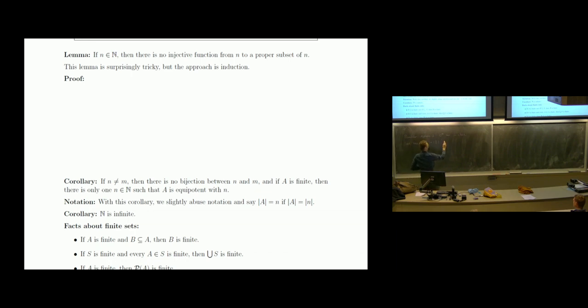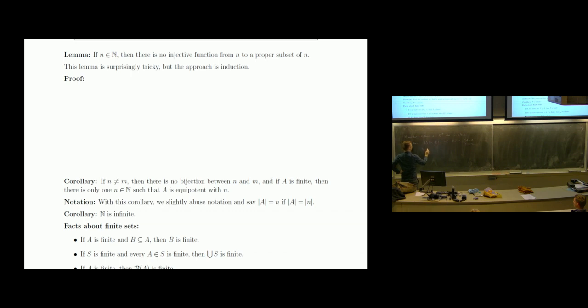And this is true if and only if there is a function from A to B, which is a bijection. The way we're going to interpret this is that A and B have the same size, as sets. They have the same number of elements. So this aligns with what you think it means in the finite case, but it also works in the infinite case.